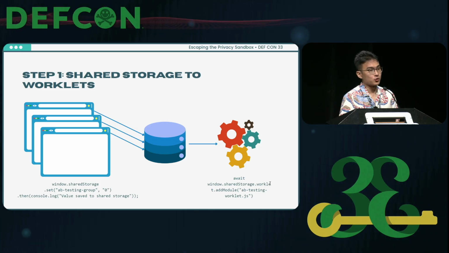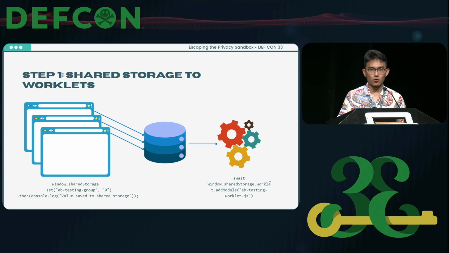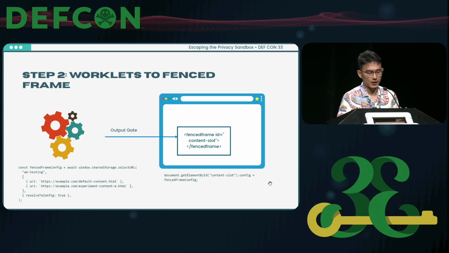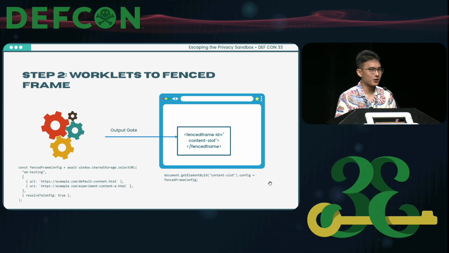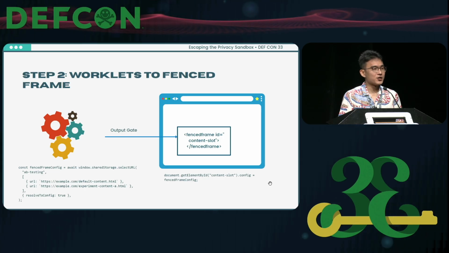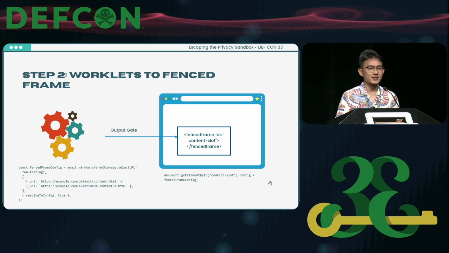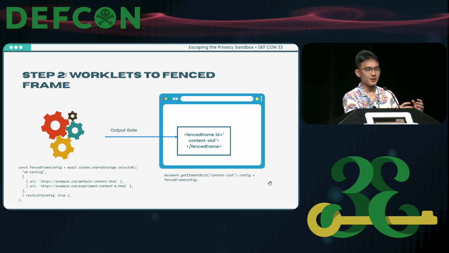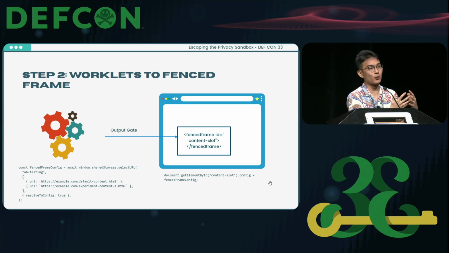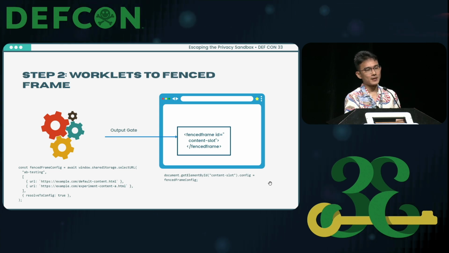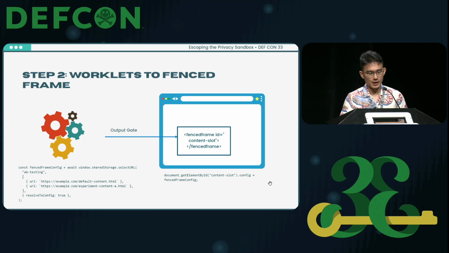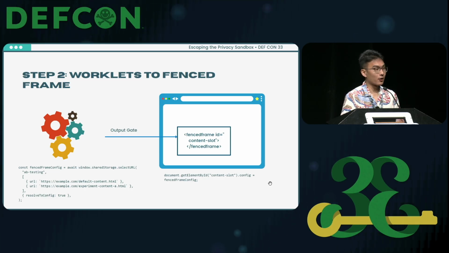Instead, what you have to do through the shared storage API is to use something called shared storage worklets modules. And what this module does is that it uses something called an output gate. So for those of you who are familiar with, I think, confidential compute or trusted execution environments, this pattern actually takes some inspiration from that, where there's some private data that you do not want to expose directly to the person using that data, but that person can call on that data through a function, in this case, select a URL for what ad to serve to that user.